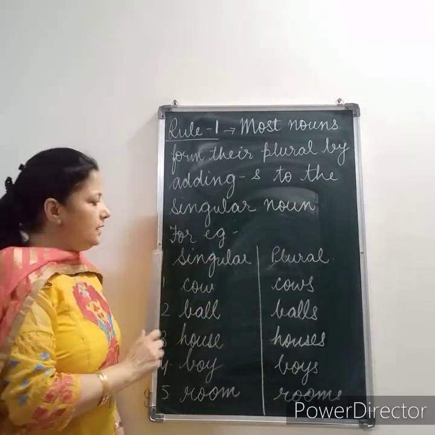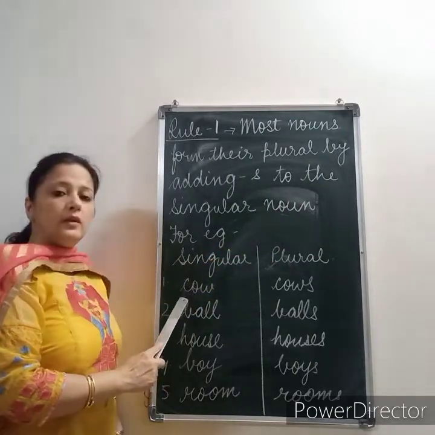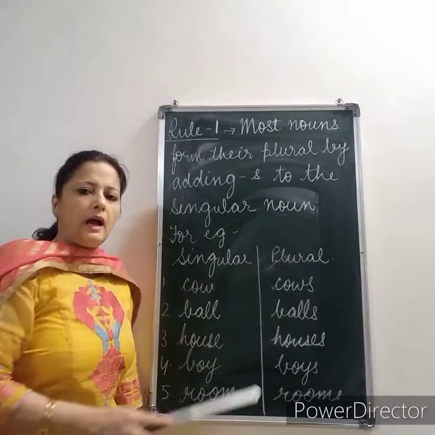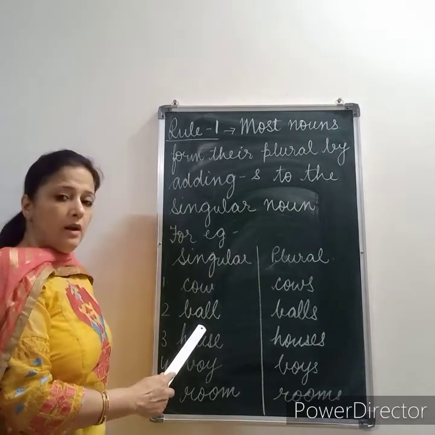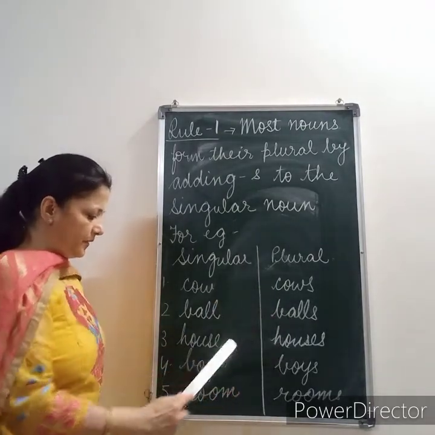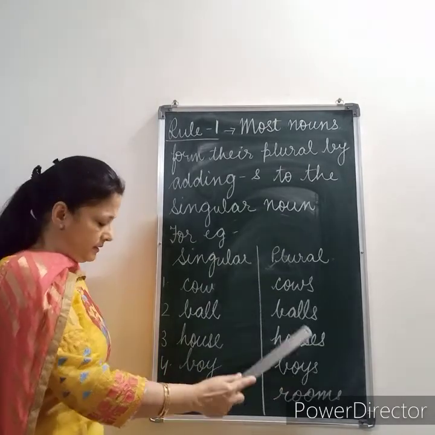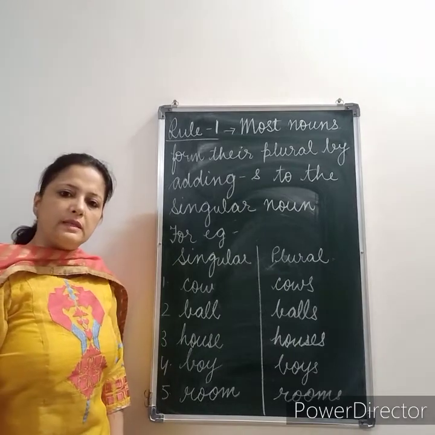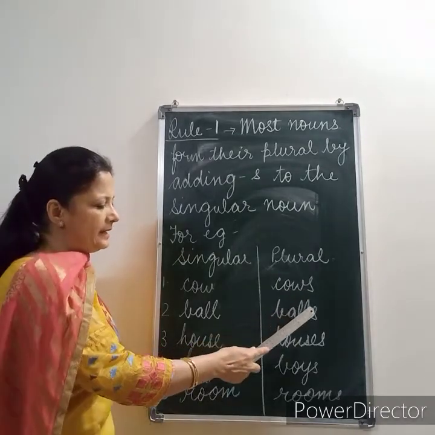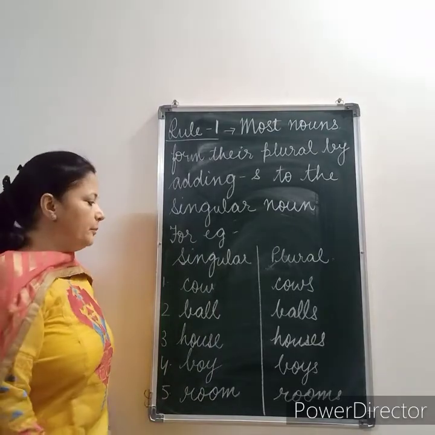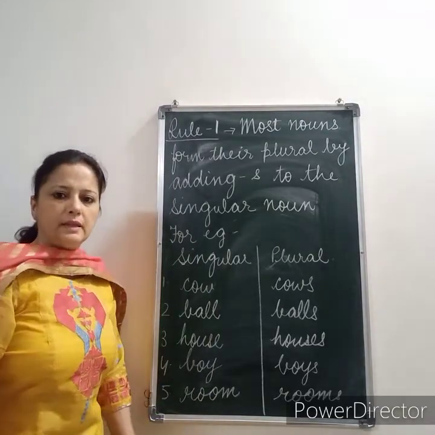For example, you can see the singular form cow and the plural form cows. Ball, balls. House, houses. Boy, boys. Room, rooms. Now children, you can see that we have simply added s to their singular forms. This is how we have made the plural form of these nouns.